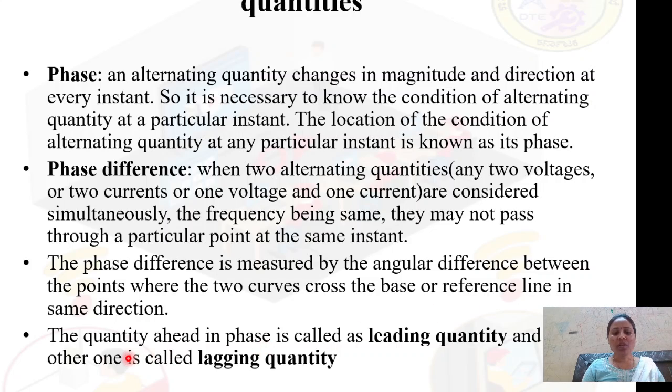The quantity which is ahead in phase we call the leading quantity, and the other quantity we call the lagging quantity.